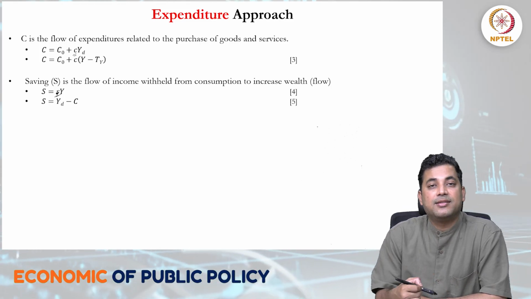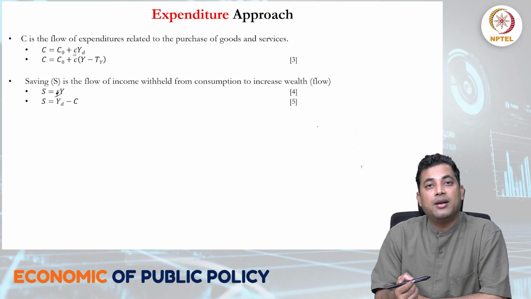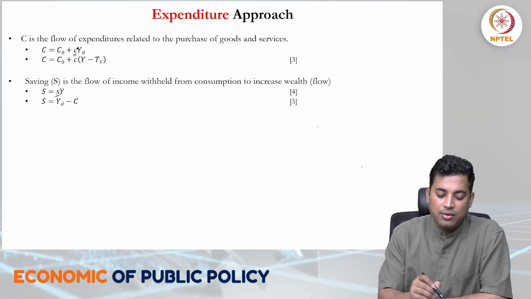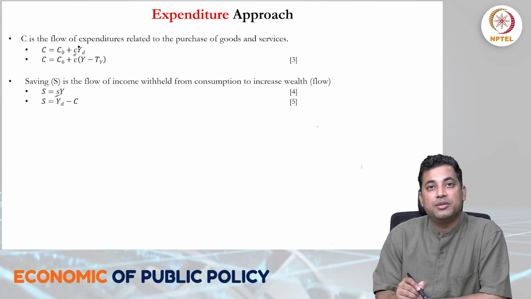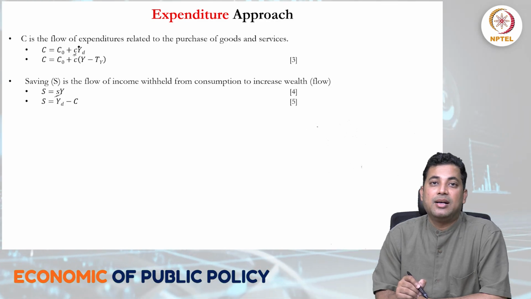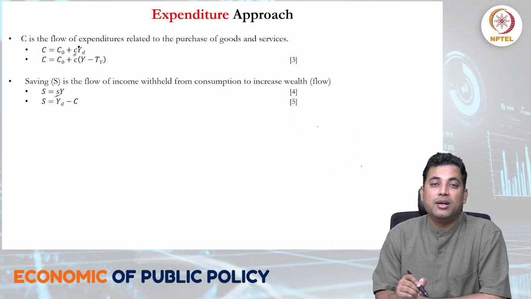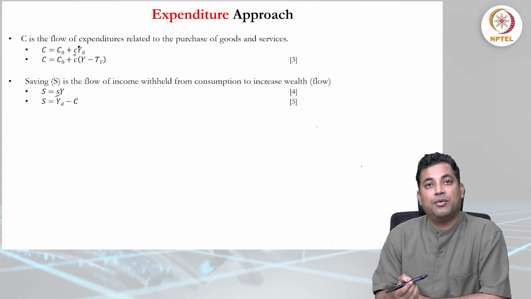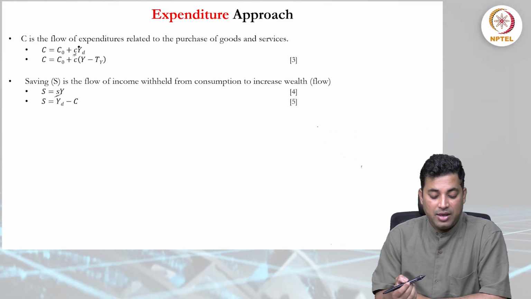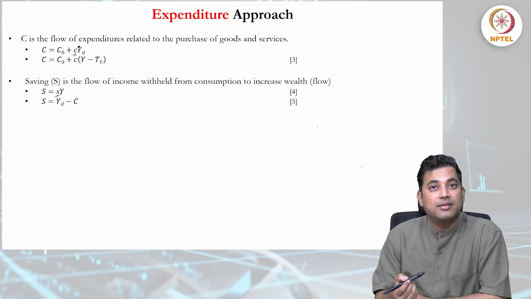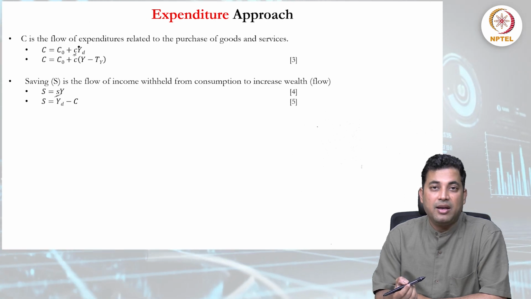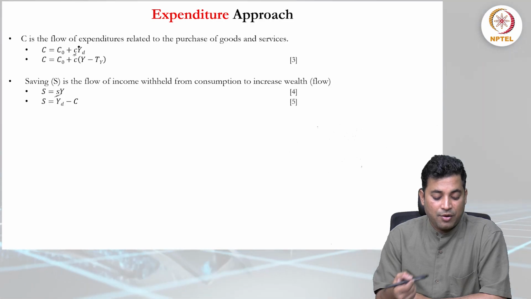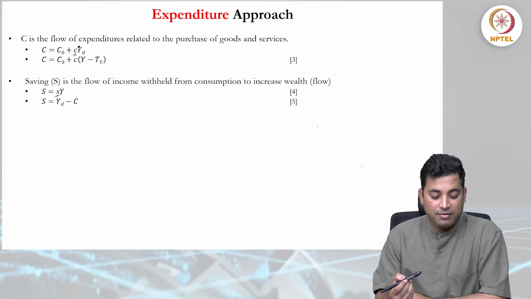Small s is the saving rate, which one can also call the marginal propensity to save, and small c one can call the marginal propensity to consume, like what is the propensity to consume from the total output. And likewise, the marginal propensity to save is the rate of savings from the total level of output.